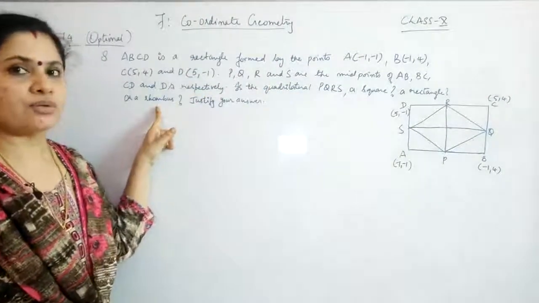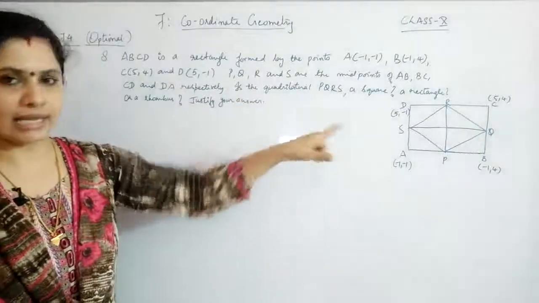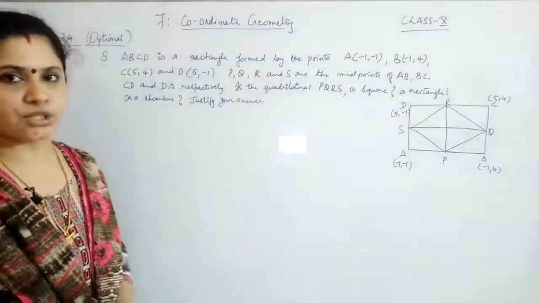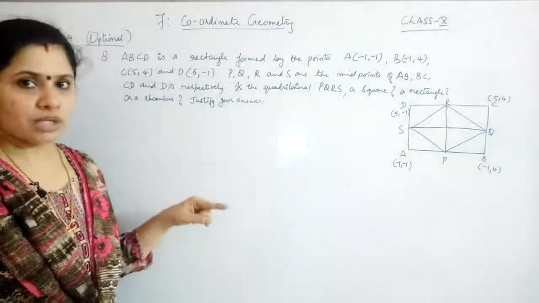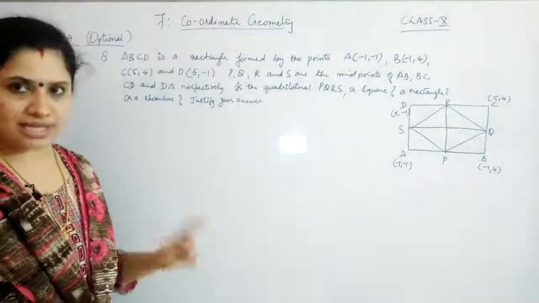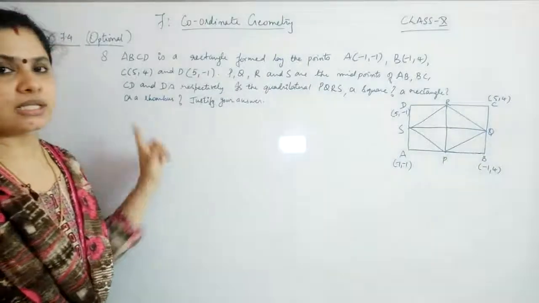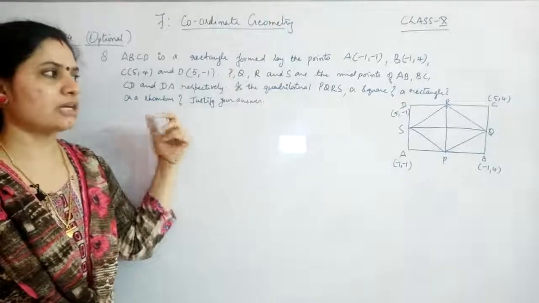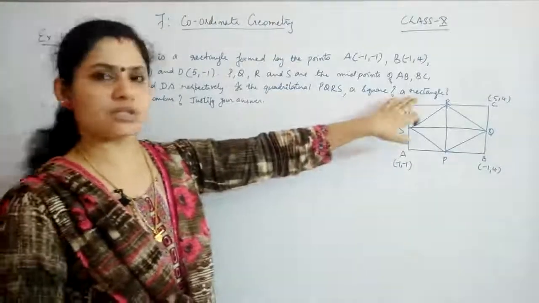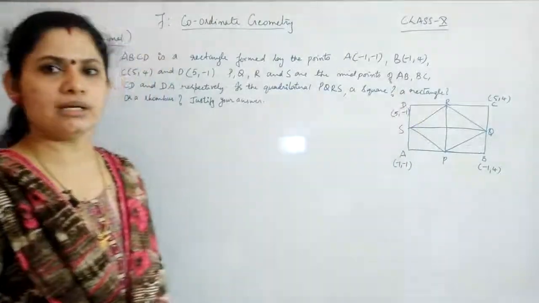Then you have to check the lengths of the diagonals PR and SQ to confirm whether it is a rhombus or a square. If PR equals SQ, then it is a square, otherwise it is a rhombus. And if you only get opposite side lengths to be equal, that will be a rectangle.